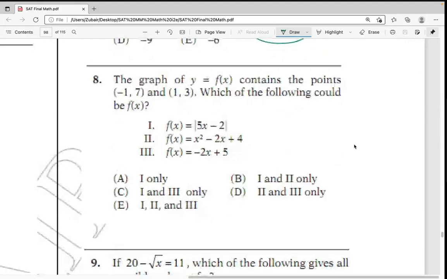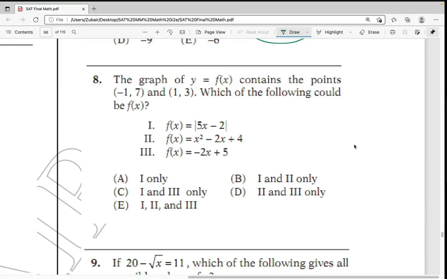Question number 8, basic substitution. So is it E?